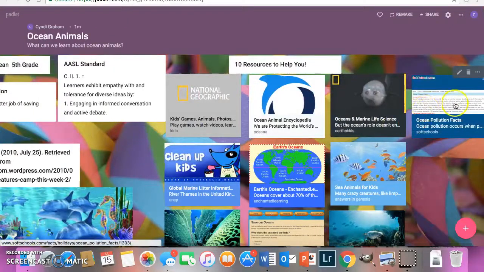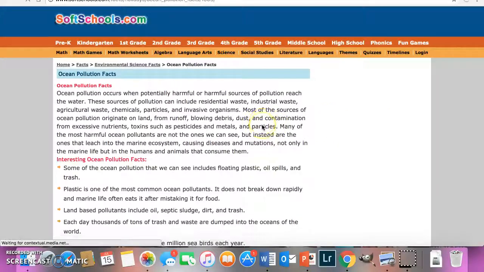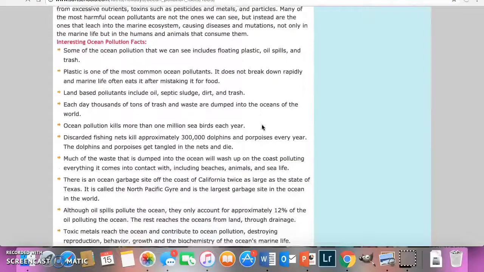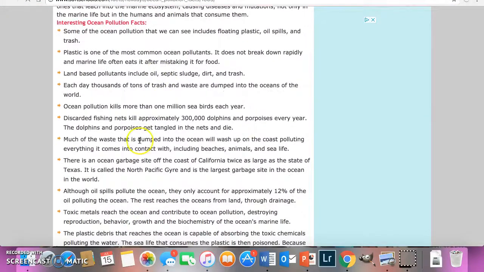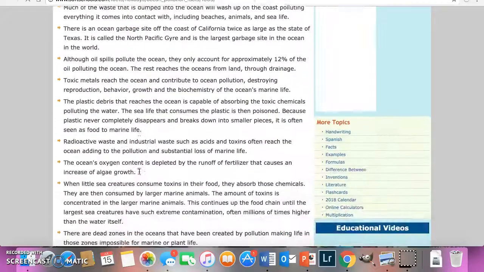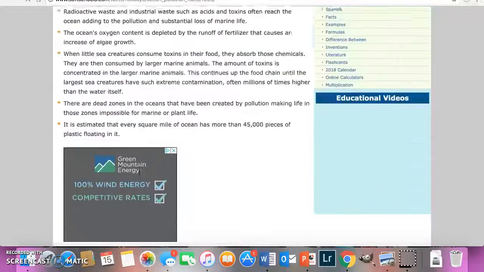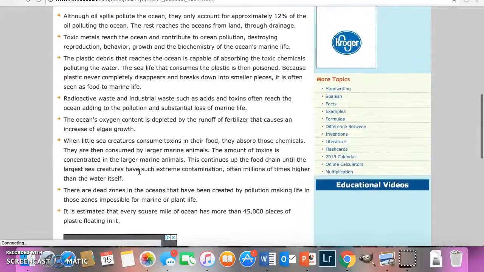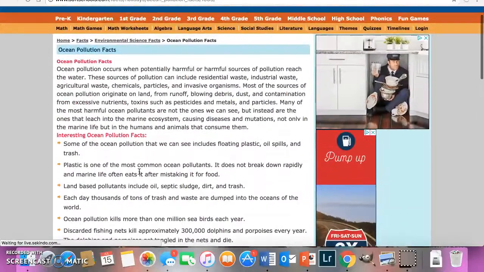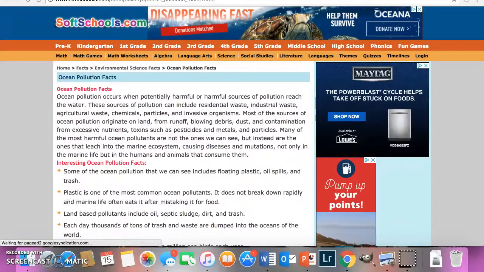We also have ocean pollution facts. In here we can read about interesting facts about ocean pollution and what's causing the ocean to be polluted. Maybe you can find some information that goes with our discussion question.